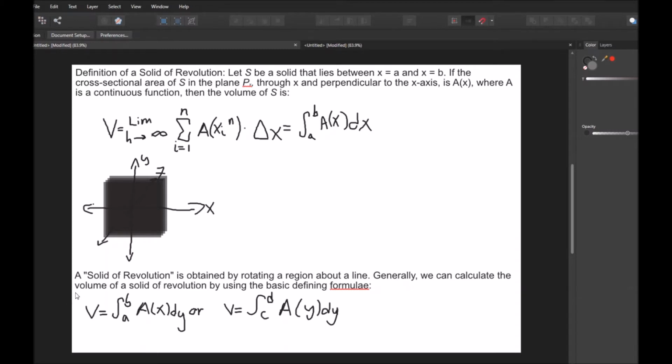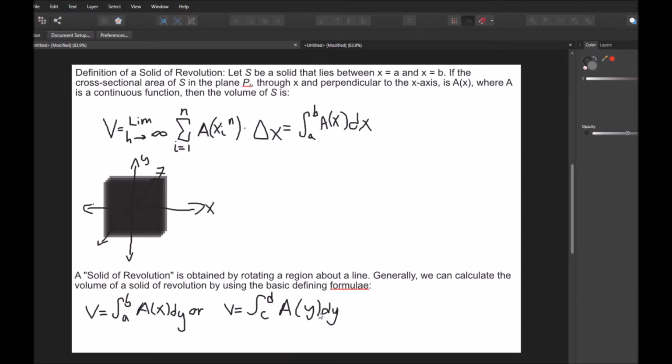A solid of revolution is obtained by rotating a region about a line, and generally we can calculate the volume of a solid of revolution by using the basic defining formulae. So if you need to take an integral with respect to y, you use the one on the right, the integral from a to b of A of y dy.